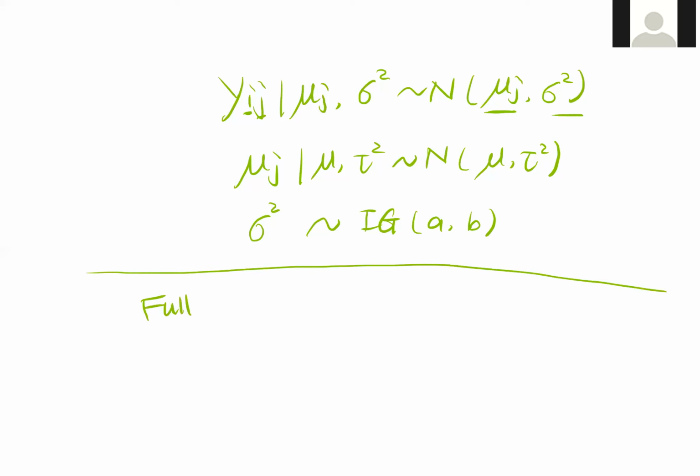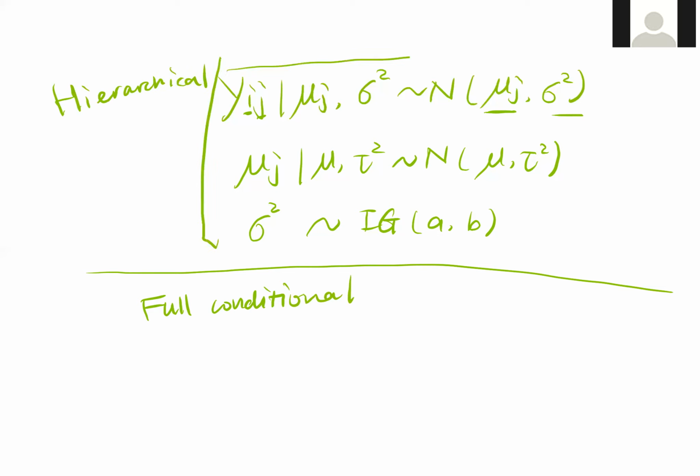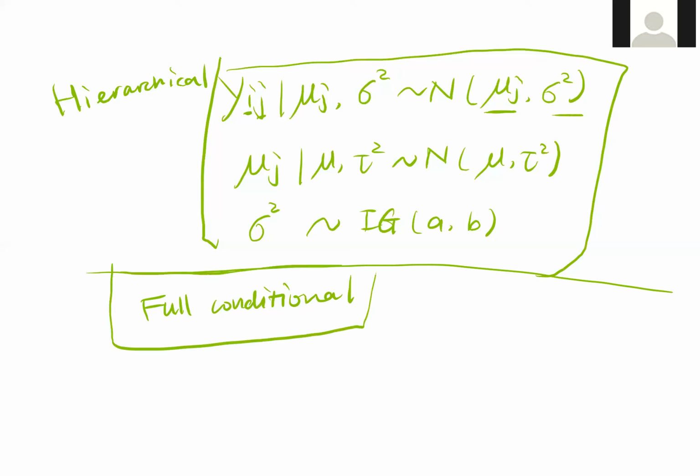And what I was trying to say is, no matter whether it's hierarchical or not, you pretty much only need to focus on how the model is set up and how the priors are specified. Once you know that, you should be able to derive the full conditional. It's just that in class I didn't require you to do all of those. But if you were to do it, and the textbook actually shows you, you will be able to do it.